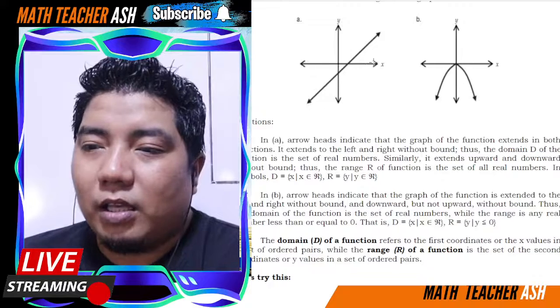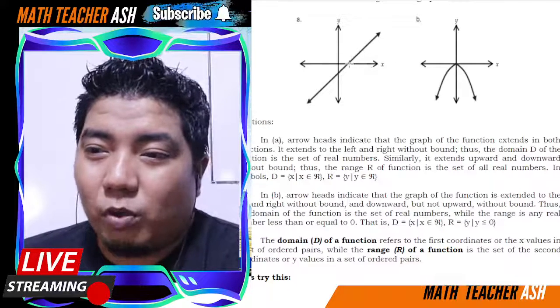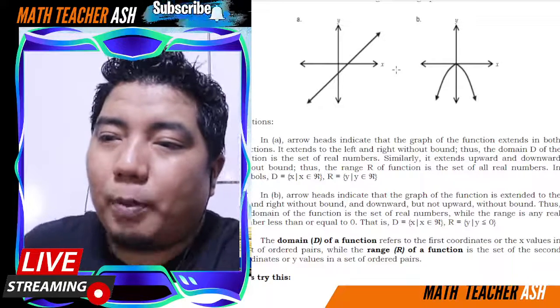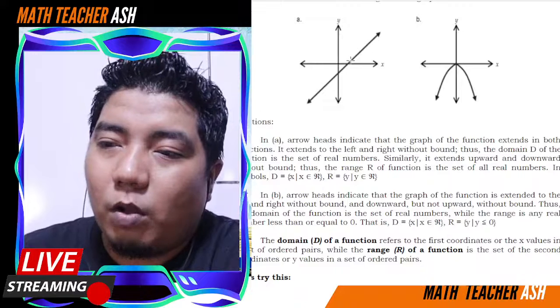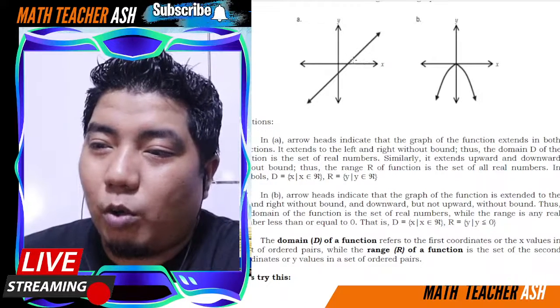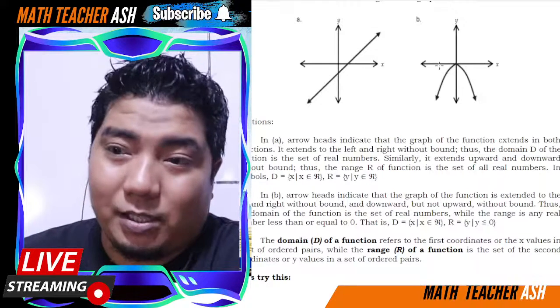It's because, as we have said, the domain is the values of x. So, when we go here, look at my arrow, going here, you will really have a value of x.